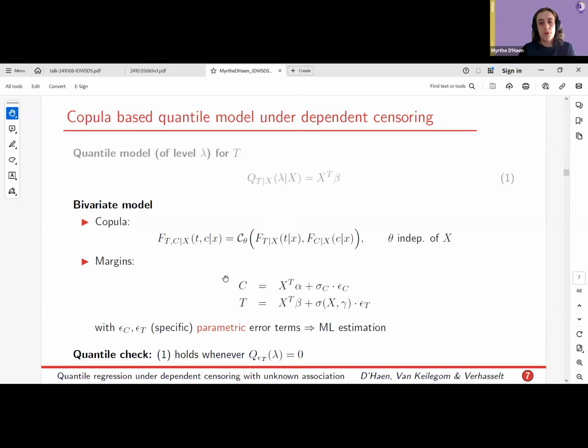Now, for the margins, we just take a simple parametric model for C. So you can, for instance, think of a normal distribution there.